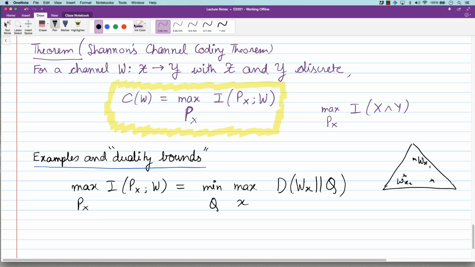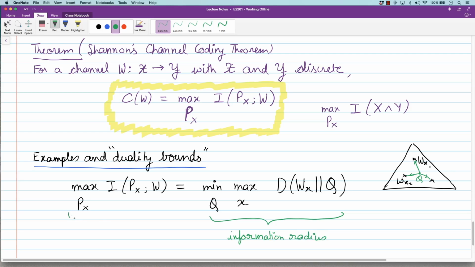So we take a Q, another output distribution, look at the divergence of each of them from this, and look for a Q which minimizes this. So this min-max minimizes the maximum distance. This min-max is akin to a radius, and this is called the information radius of this channel W.